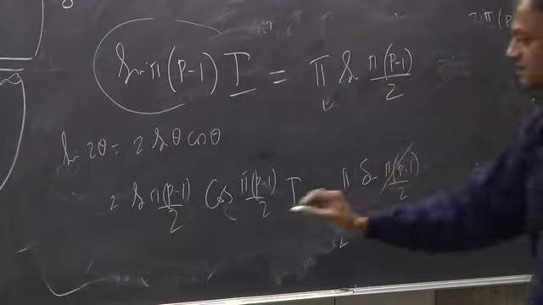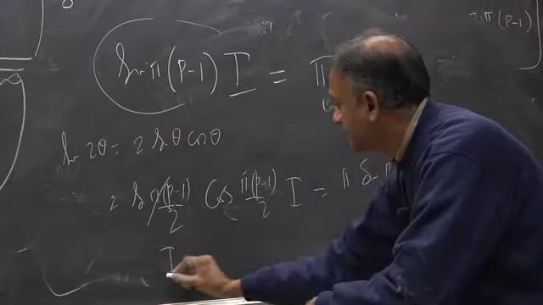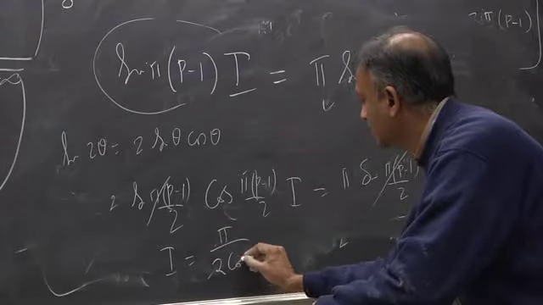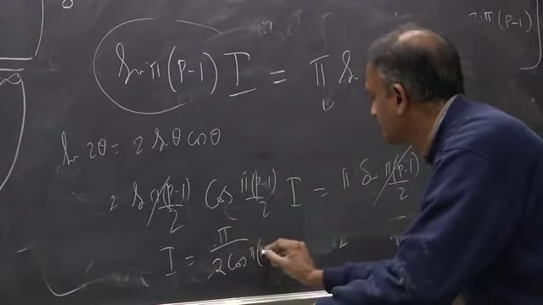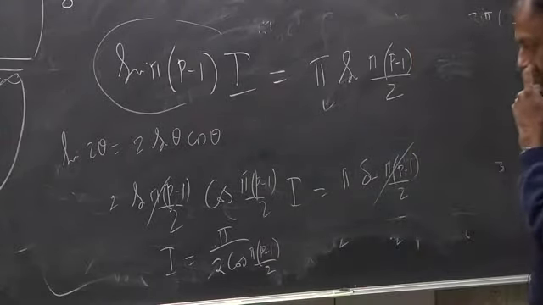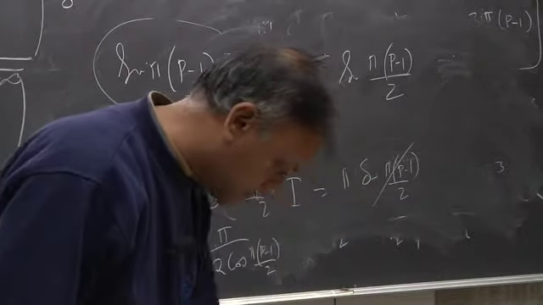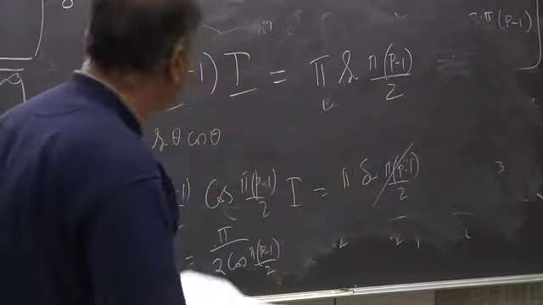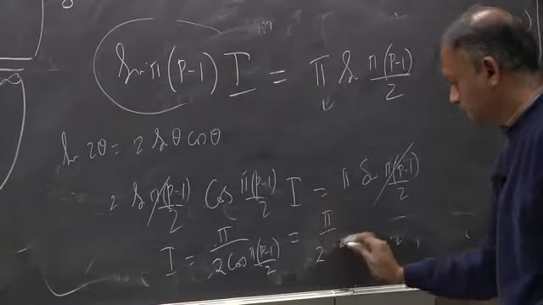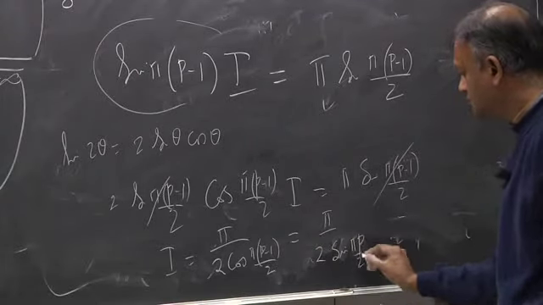So this sine cancels with that, and we are left with the answer I is equal to pi divided by 2 cosine pi (p minus 1) by 2. Okay, which should be the same as here. Yeah, here it is. This is the same as pi divided by 2 sine pi p by 2.